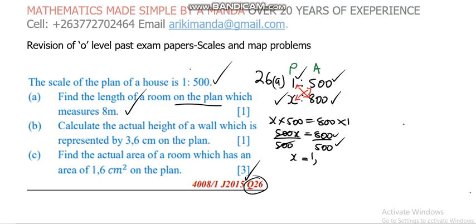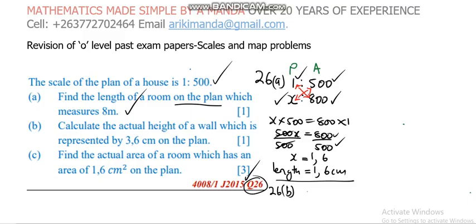We get 1.6. In other words, the length of a room that was asked is 1.6 centimeters. This is the answer. We are done. Let's proceed to part B of the question.